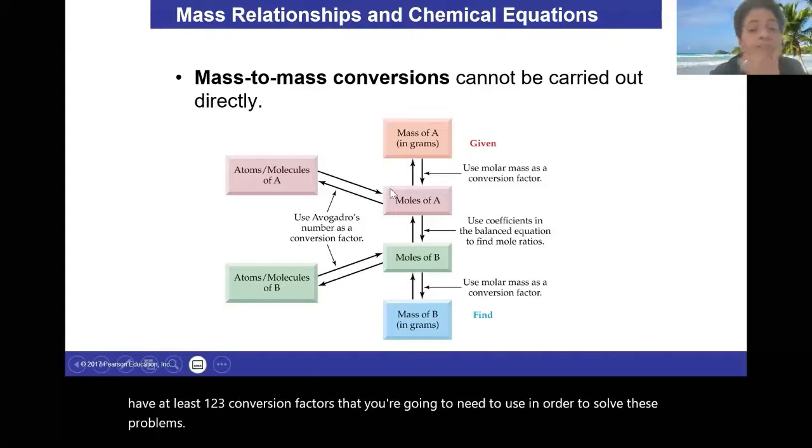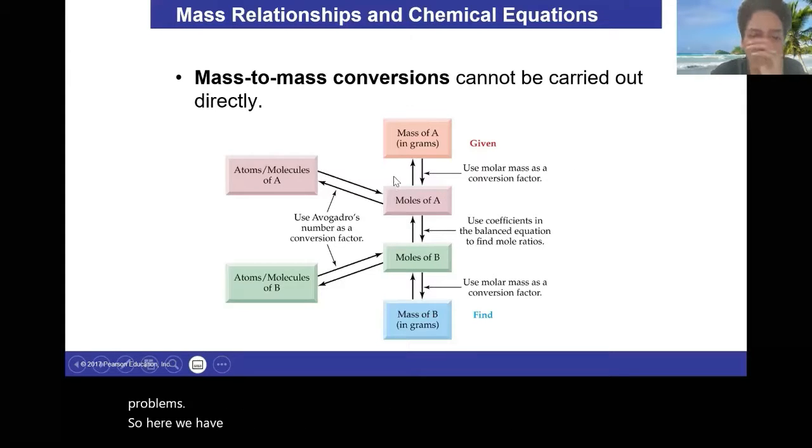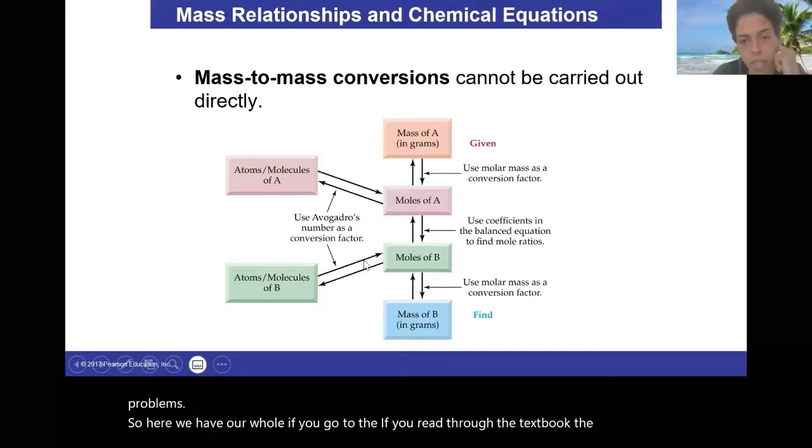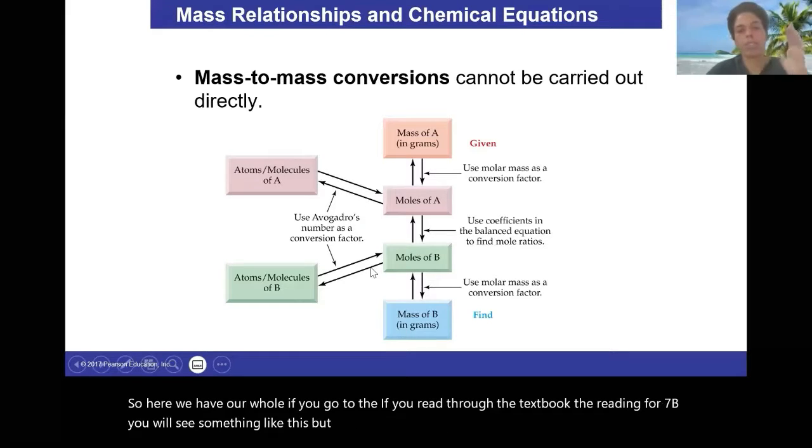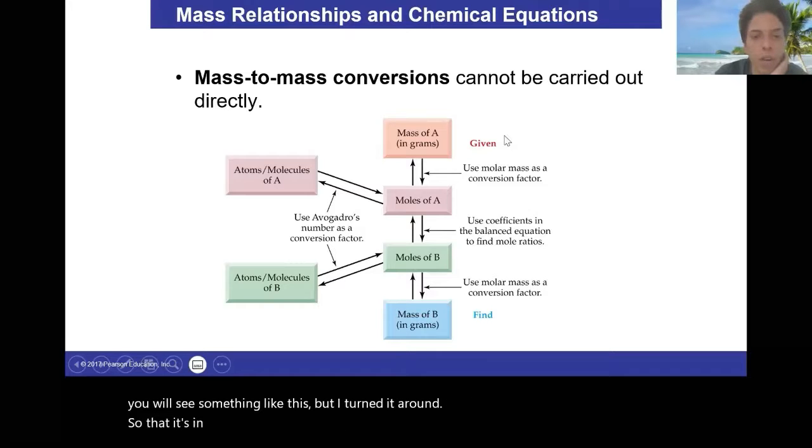So here we have our whole, if you read through the textbook, the reading for 7B, you will see something like this, but I turned it around so that it's in the other way. So all of these conversions can be carried out using different conversions.